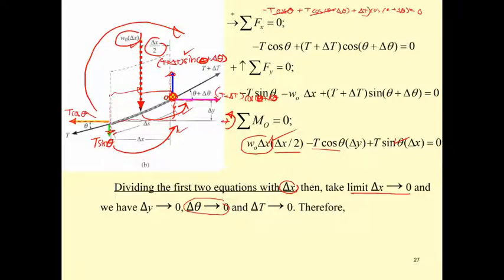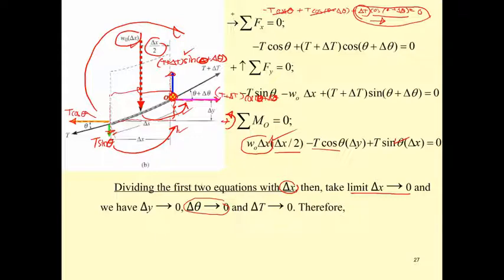This is the force cosine theta. This is going to be the force in the horizontal direction, and the change of the delta is 0.